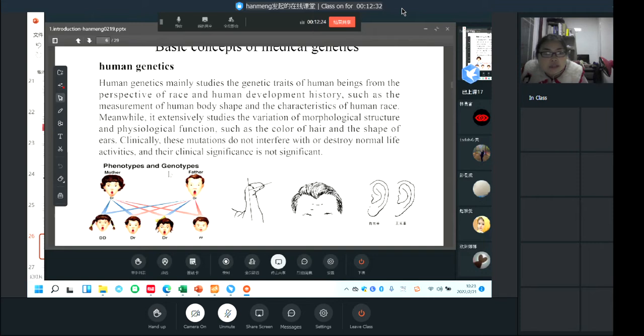These phenotypes or traits are all the study contents of human genetics.